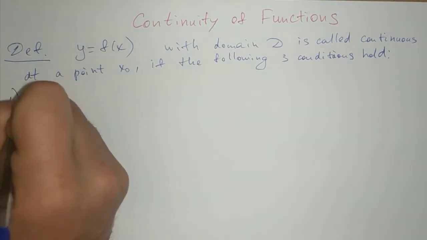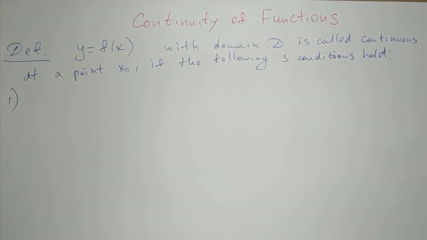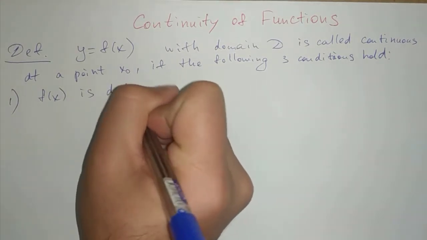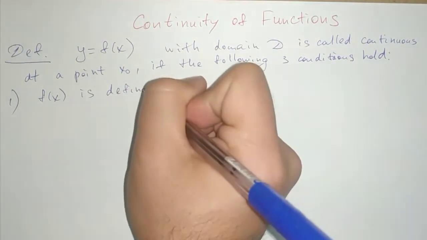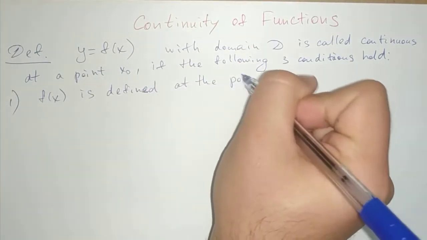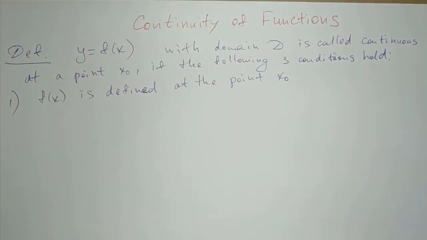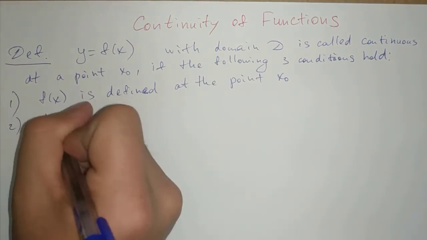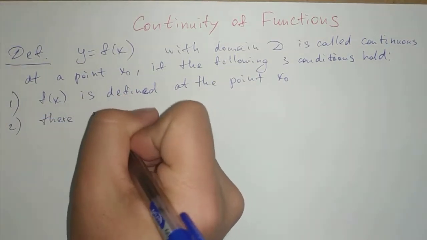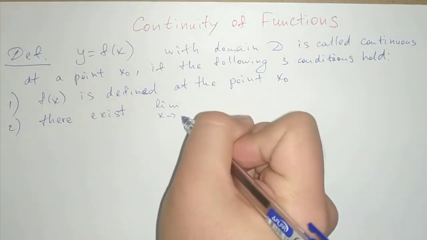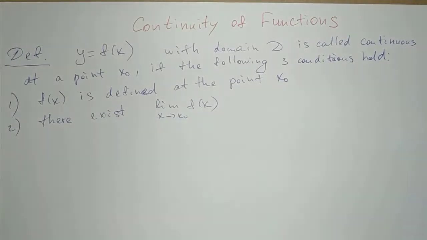First one, the function f(x) is defined at the point x0. Next one, second one, there exists a limit as x tends to x0 of f(x).